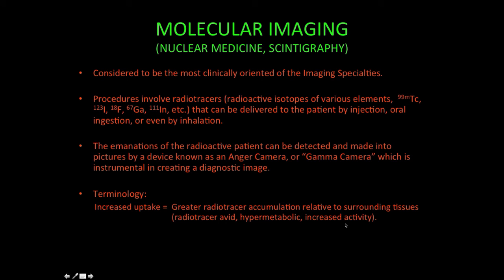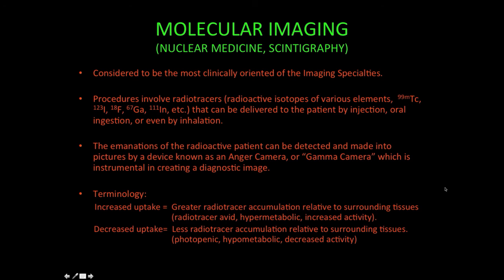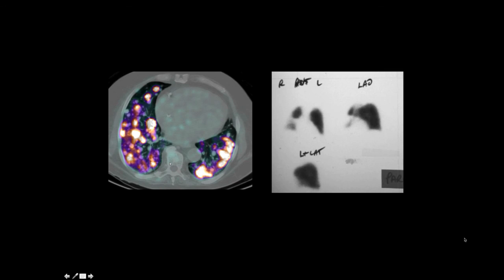Essentially, it has increased activity. Decreased uptake is when there's less radiotracer accumulation than expected relative to the surrounding tissues, which makes the lesion relatively photopenic or hypometabolic, or essentially has decreased activity.